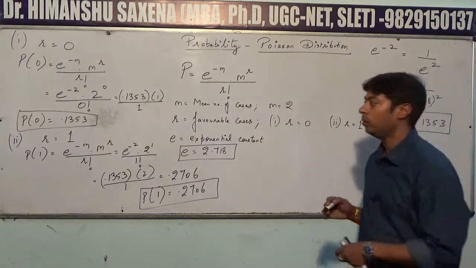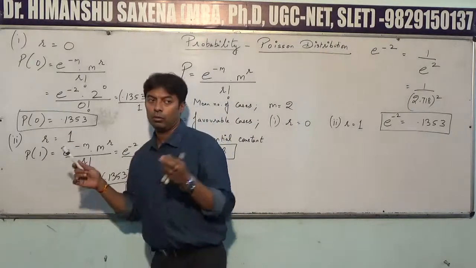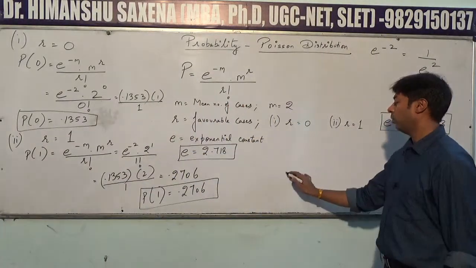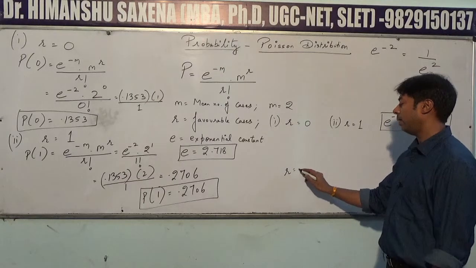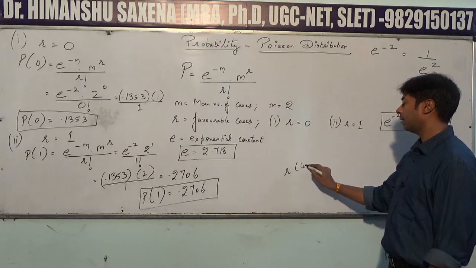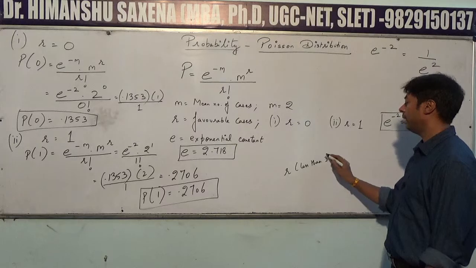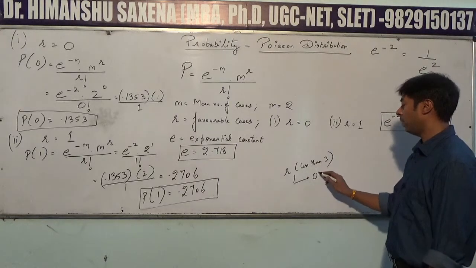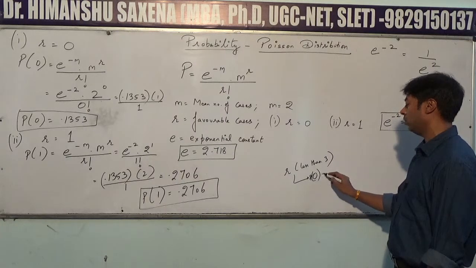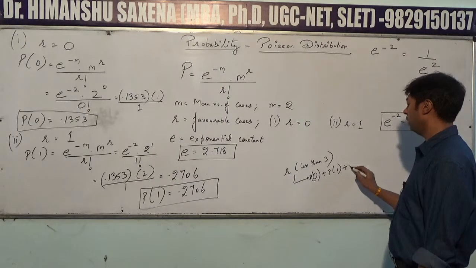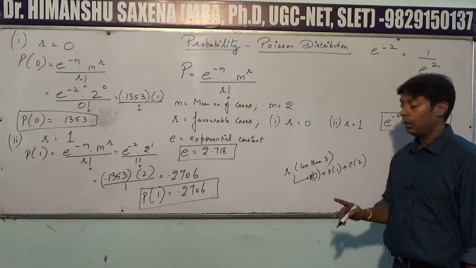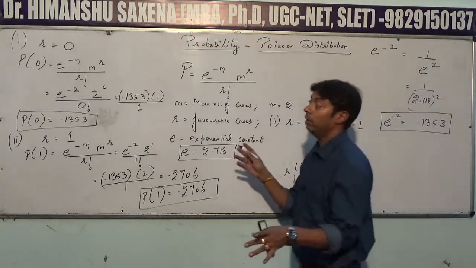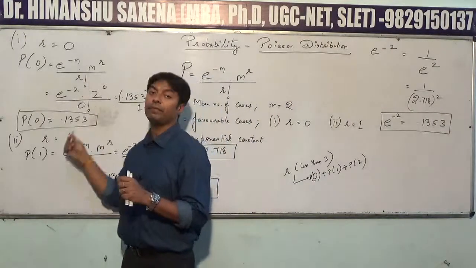Now some students ask, sir, why don't we add or combine the answers? See, that was only one part where you were asked to calculate the probability of less than 3 birds. So less than 3 indicated that you had to calculate the probability of 0, then the probability of 1, then the probability of 2. That's why you have to add all those cases. Now in this problem, these are 2 different parts.